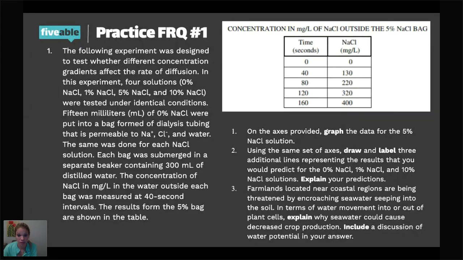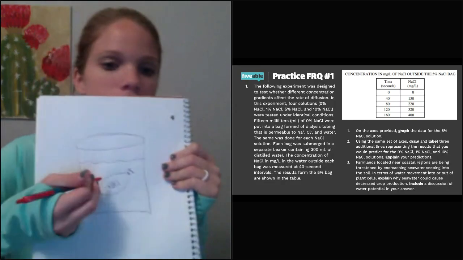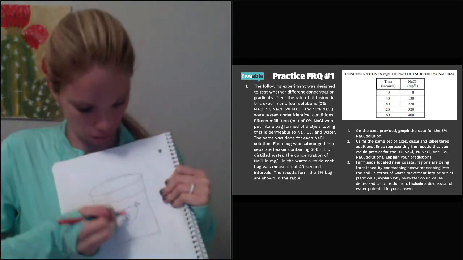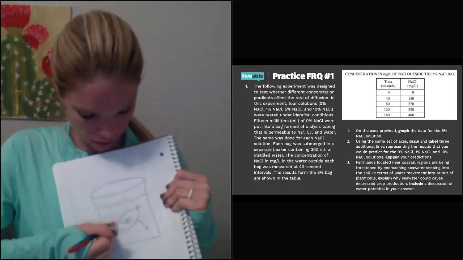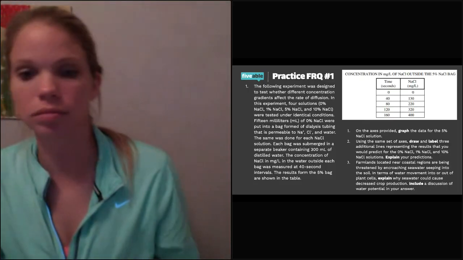And so we see here outside the bag, the longer that time goes, the amount of sodium chloride in the water increases. So what's happening, let me make this big again. The sodium chloride is all leaving the bag. It must be.